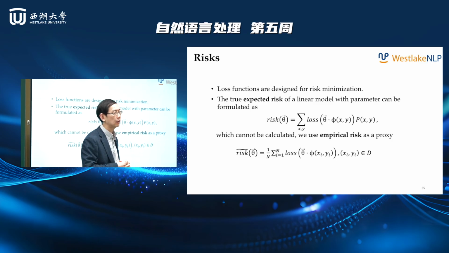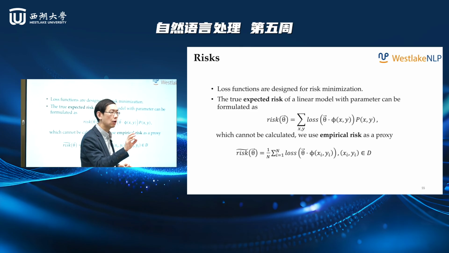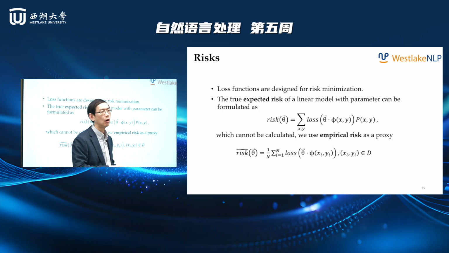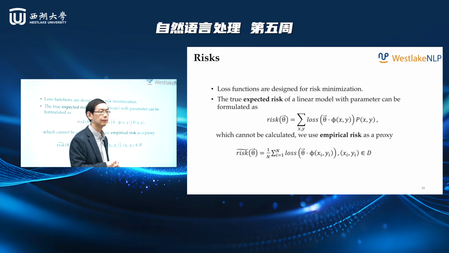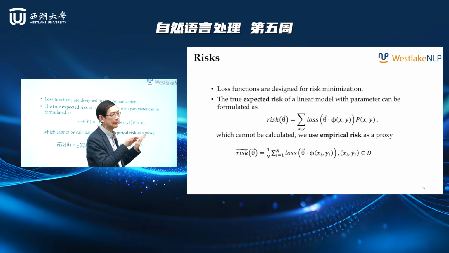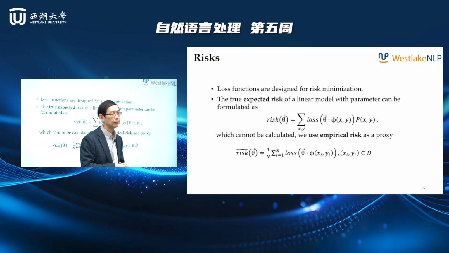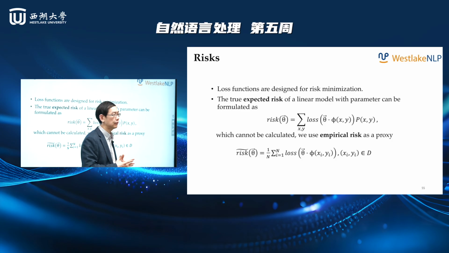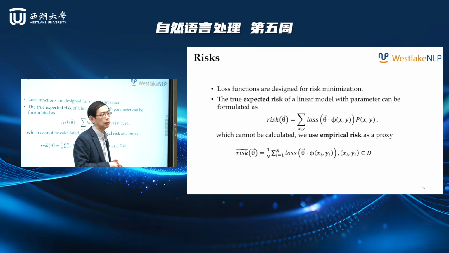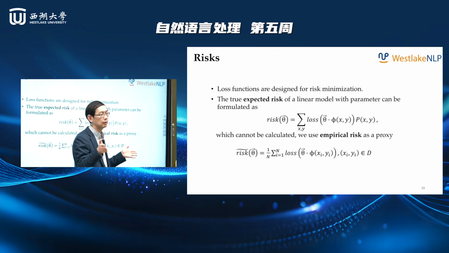Then you can calculate a loss on all these x and y's, and a mathematical expectation over all of them. If you are able to minimize this, then your model will not make mistakes on any data. But is that feasible? At least for text classification, it's not feasible because you can't enumerate all possible input documents, right?